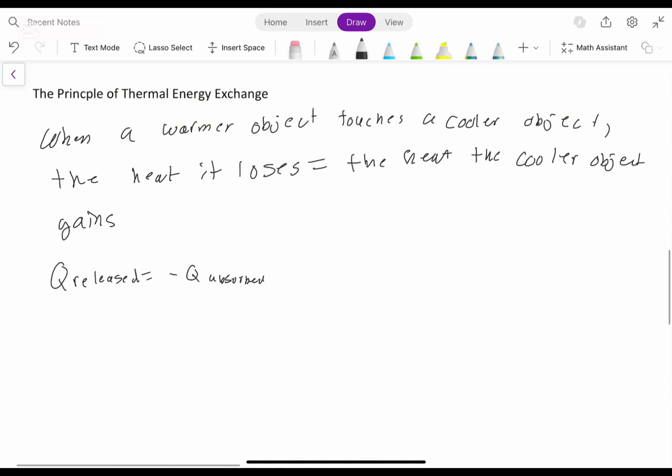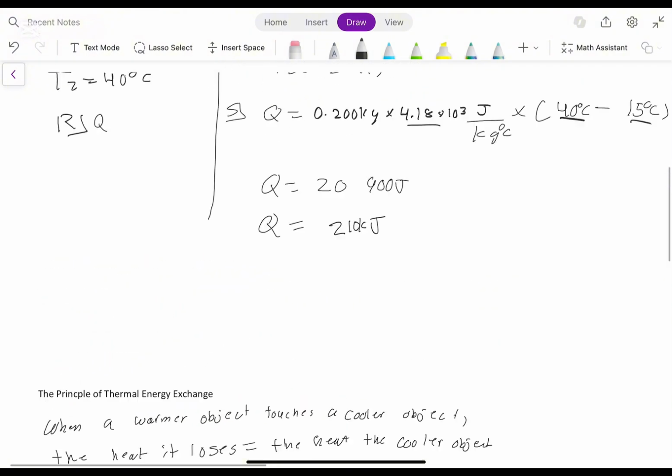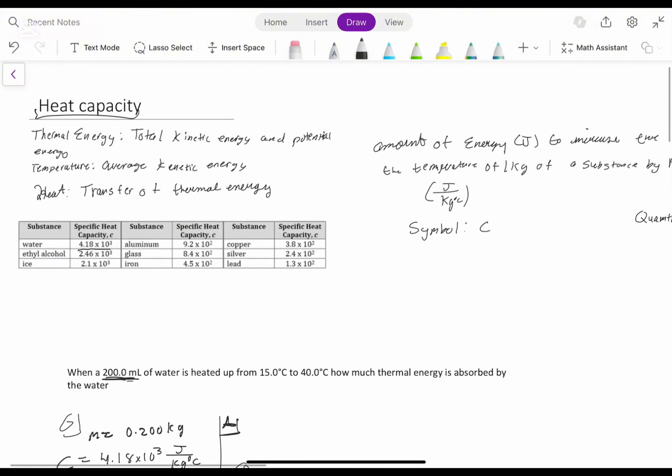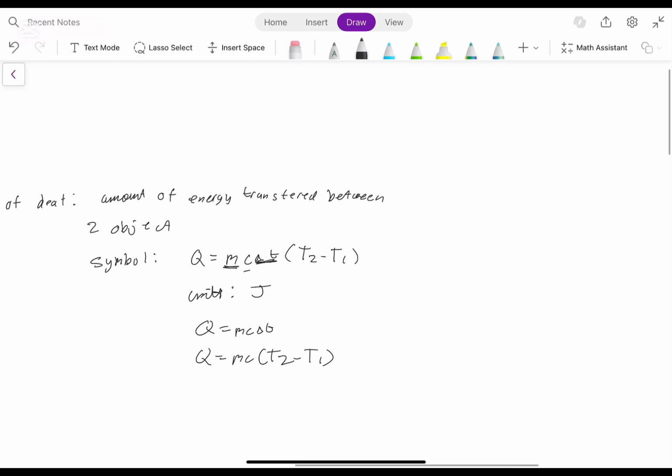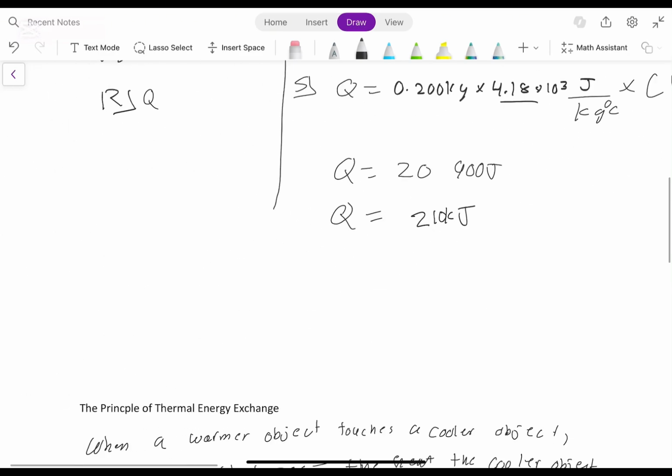You can label it whatever you want as a subscript, but this is just what I chose to label them as, which is just equal to QR is equal to negative QA. So that is the formula we're going to use, and we already defined what Q is up here. In case you forgot, remember, Q is just equal to MC times T2 minus T1.